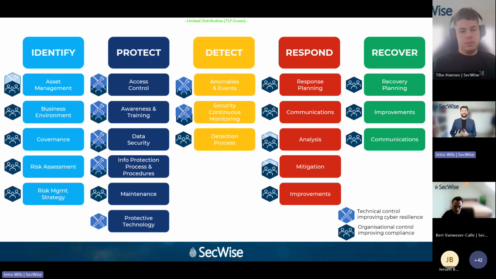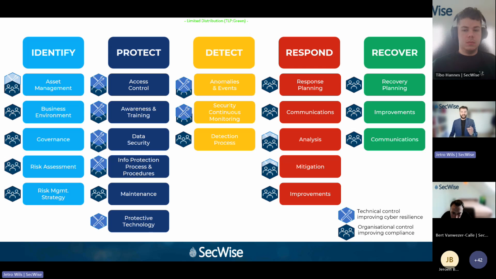Now you say, Jetro, do we need to install and implement all of these controls before we can be NIS2 certified, like in 2 years? By 27 is the deadline. No, NIS2 does not demand you to have all of this implemented. What NIS2 wants is that you have the governance implemented in the organization, that you're able to continuously improve your cybersecurity.